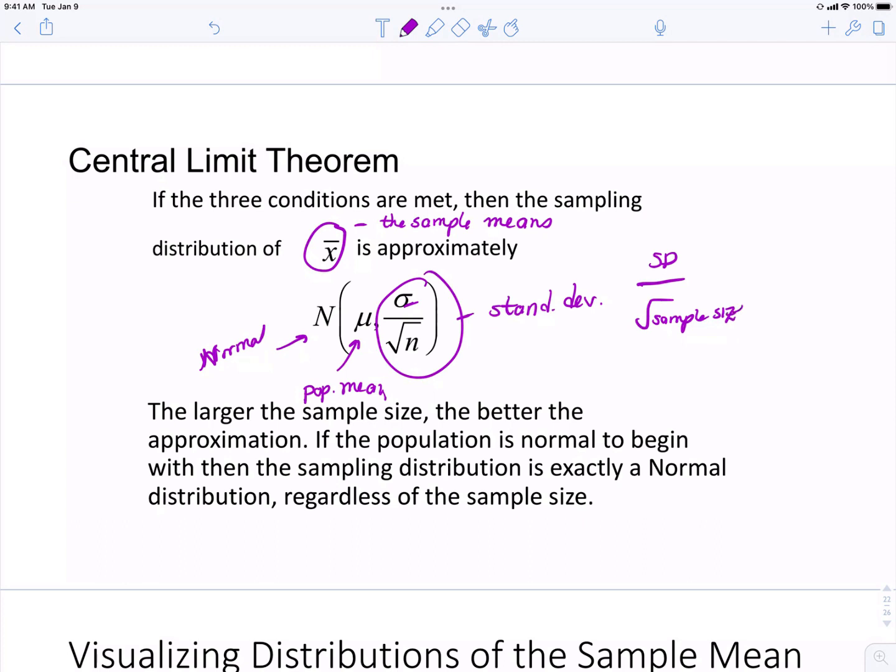I know this doesn't make too much sense yet, but it will. We're going to do several examples. And it says that the larger the sample size, the better the approximation.